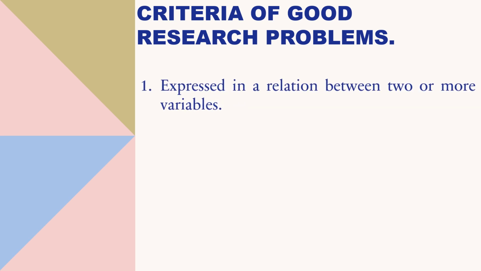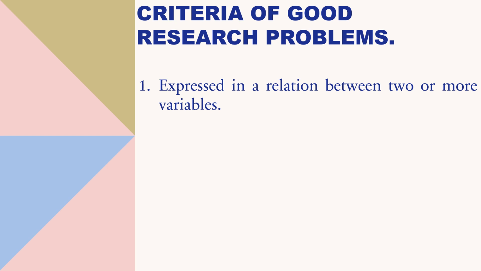Number one, a good research problem is expressed in relationship terms between two or more variables. You find that usually, unless you are really studying a totally exploratory type of research, in most cases you are looking at a cause-effect relationship.